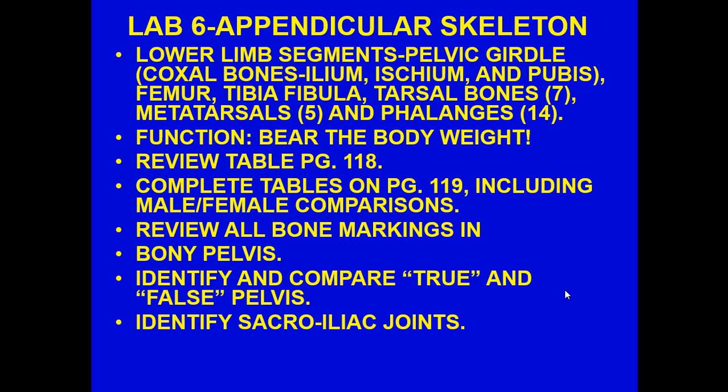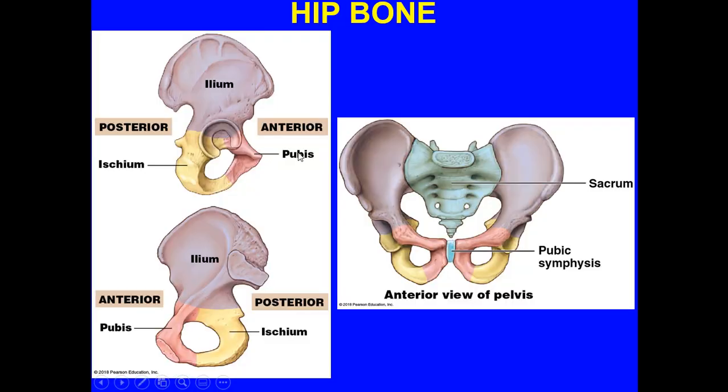Also, you want to review all bone markings in the bony pelvis and identify and compare what is considered true and false pelvis, and identify the sacroiliac joints. Here we have the hip bones. So, in the dark purple, okay, you've got the ilium. In the yellow, you have the ischium.